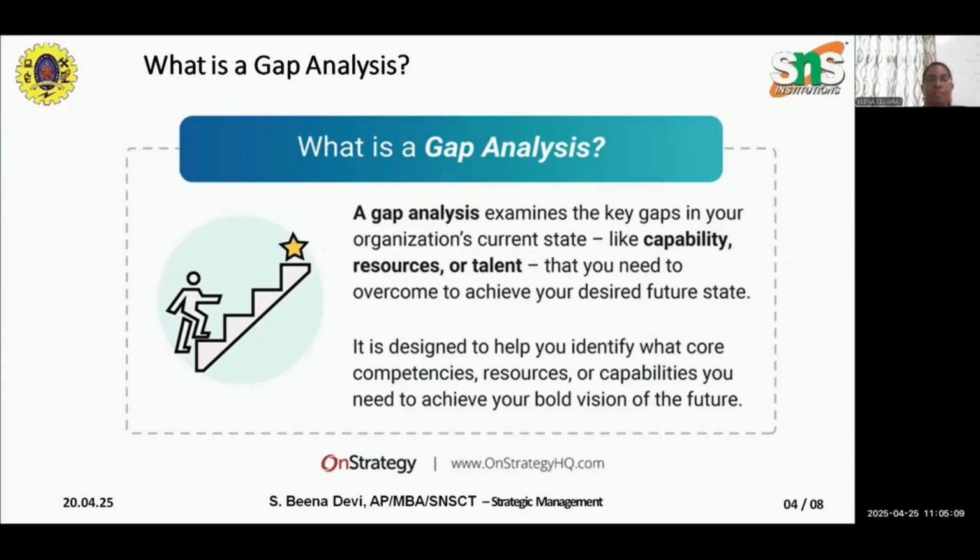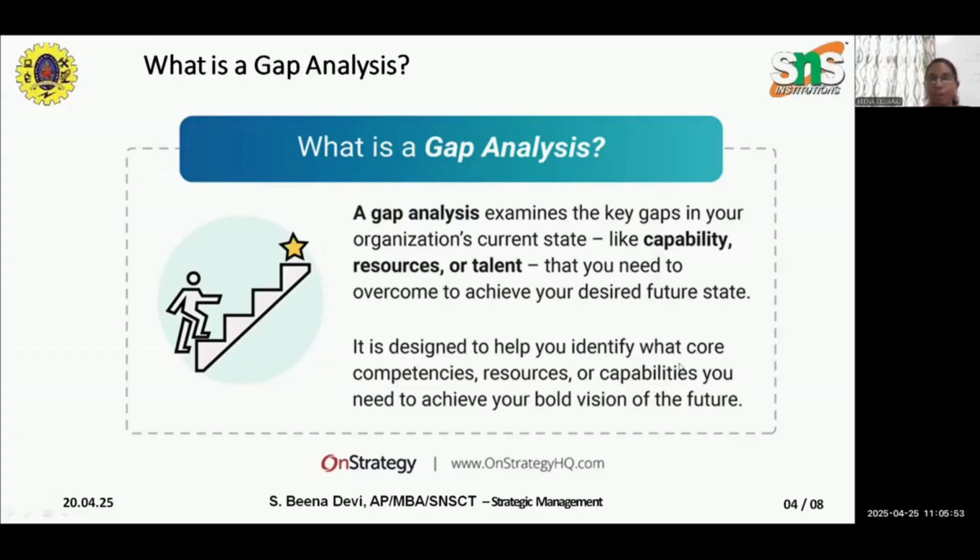It helps the organization assess the current performance in areas like skills, capability, resources, talent, processes, technologies, or market position, and identify where changes are necessary for better performance. It typically involves identifying the current performance or status, defining the desired outcome or future goals, analyzing the gap between the two points, and developing strategies to fill the gap.